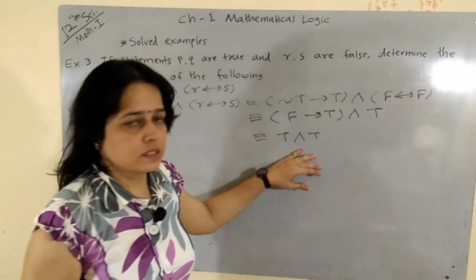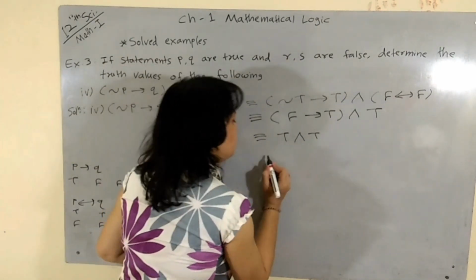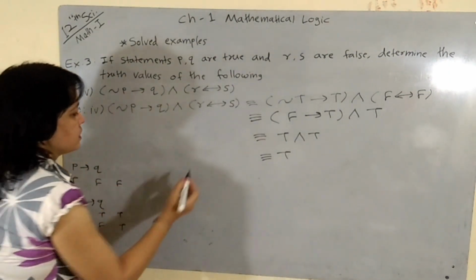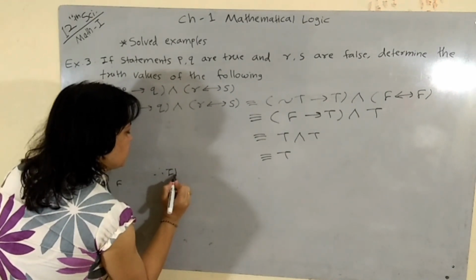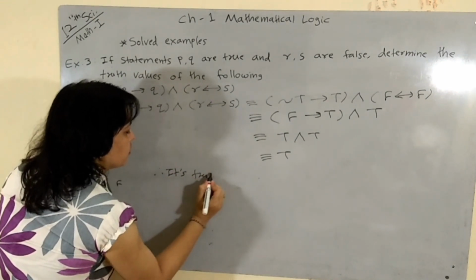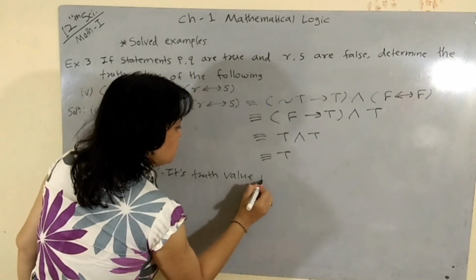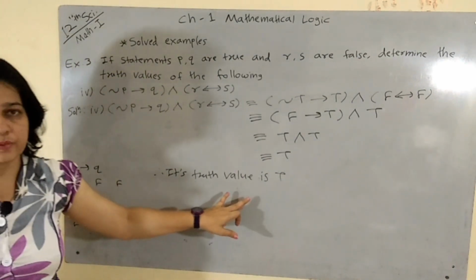And for conjunction, if both have truth value true, then its truth value is true. So, the truth value of given statement is true.